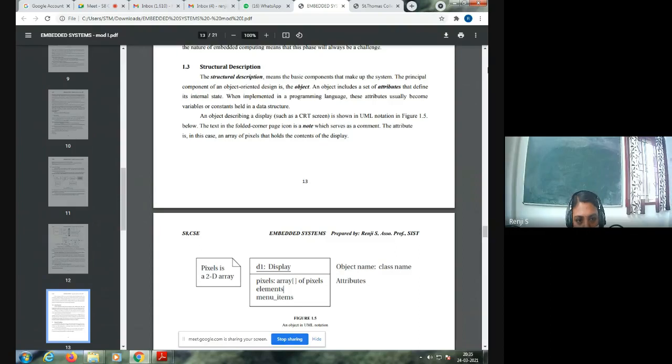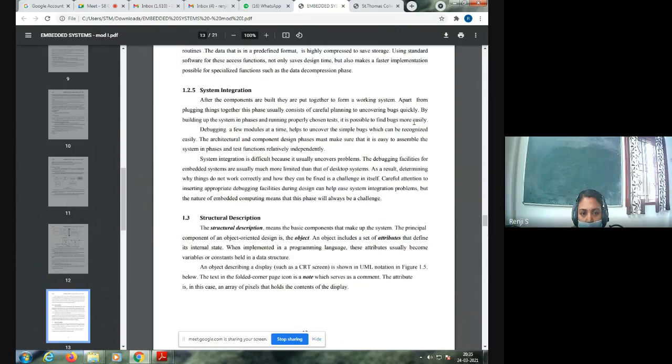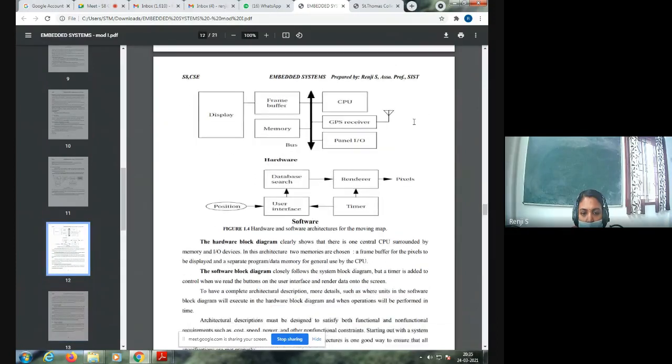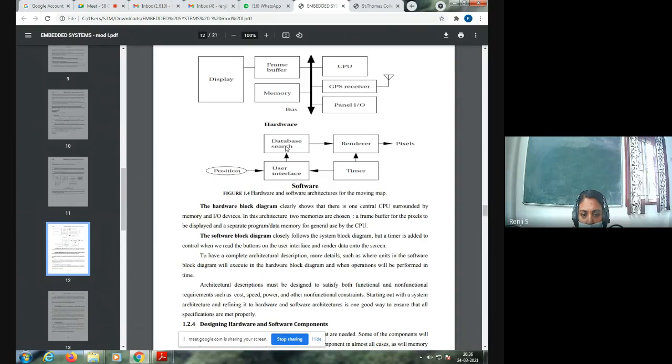Structural description means the basic components that make up the system. When we consider the GPS system which we have discussed earlier, the primary components of the system can be viewed from its hardware units, like the display, the frame buffer, memory, CPU, GPS receiver, PAN and IO, etc. These are the primary components, and there are also software components involved.